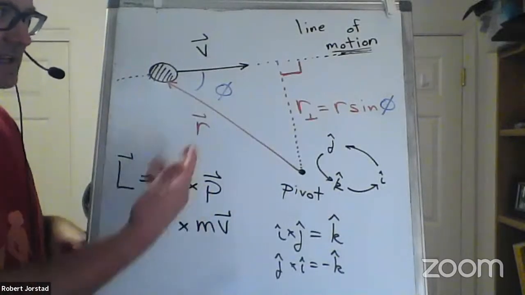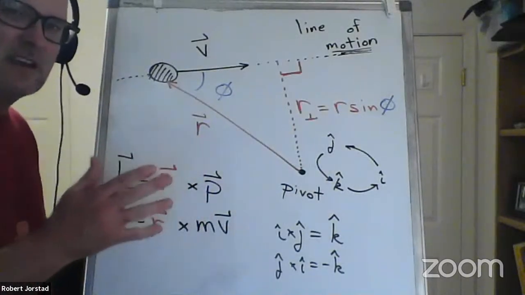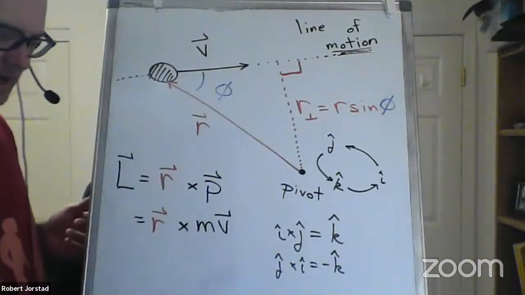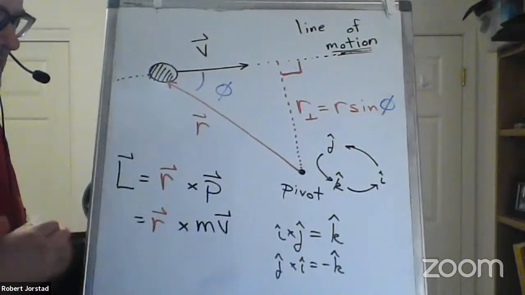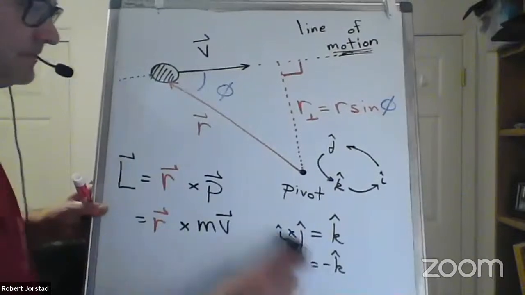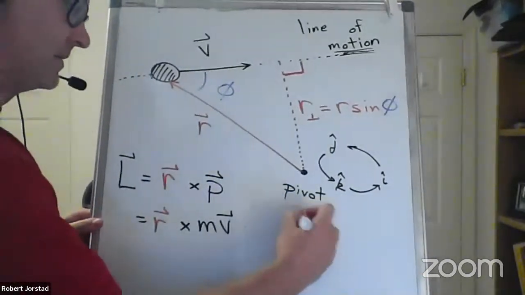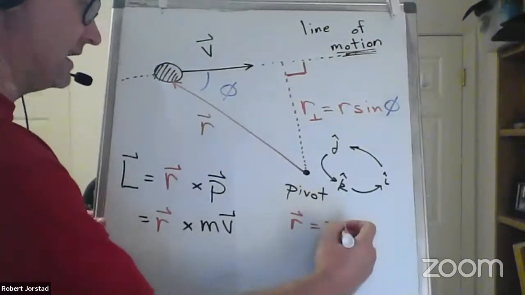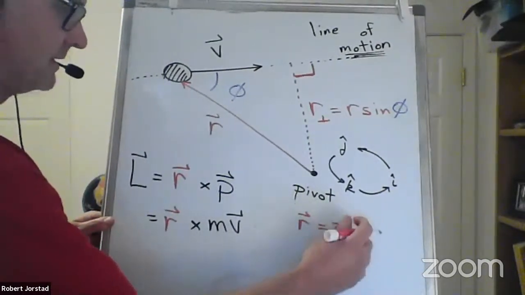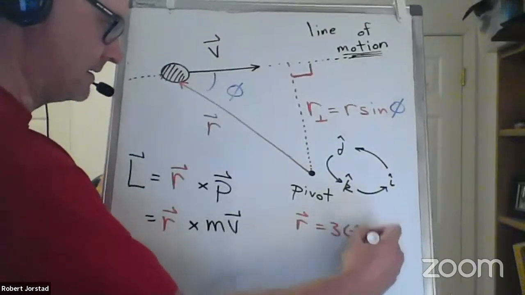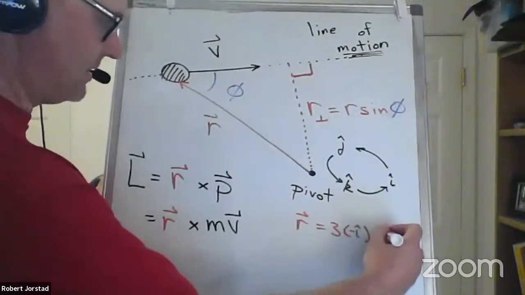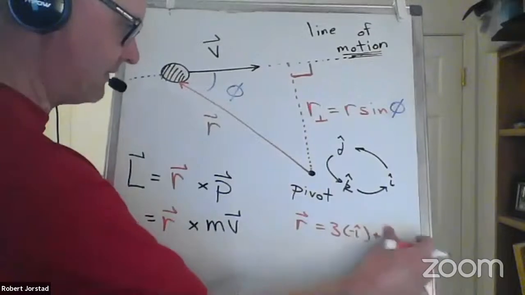Okay. So now in this case, I thought, well, let's stick in some numbers for this and just see what this angular momentum turns out. So let's say in this case that r is 3 in the negative i hat plus maybe, how about 4 in the j hat?